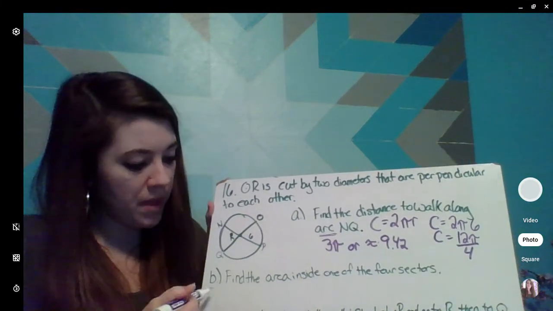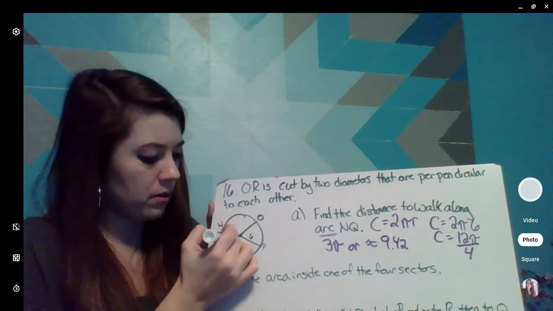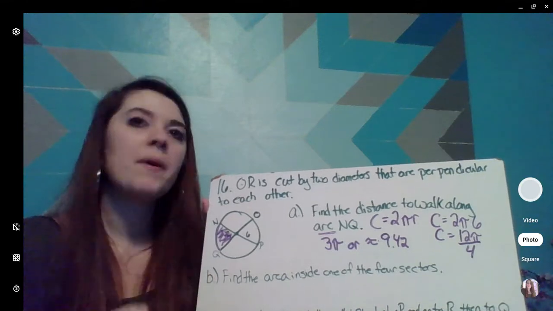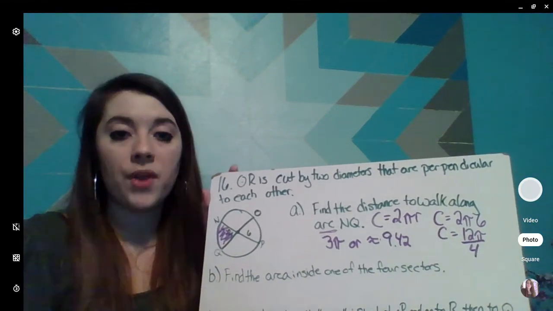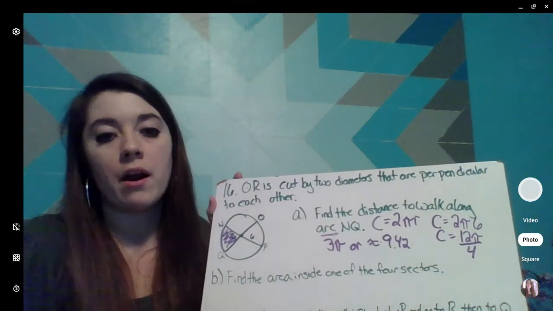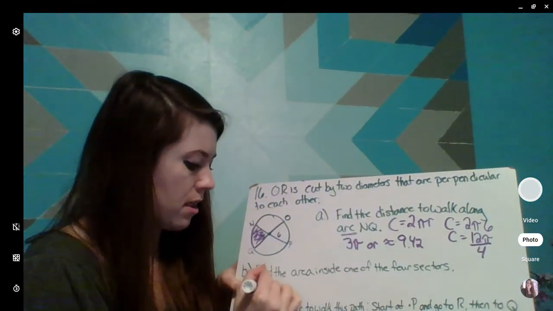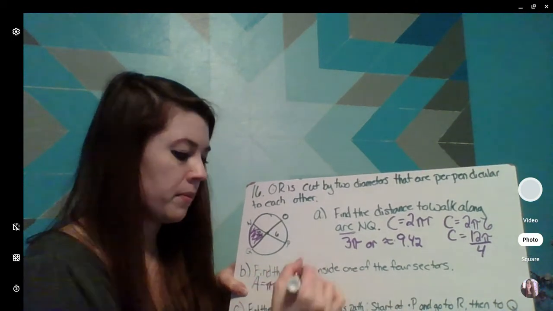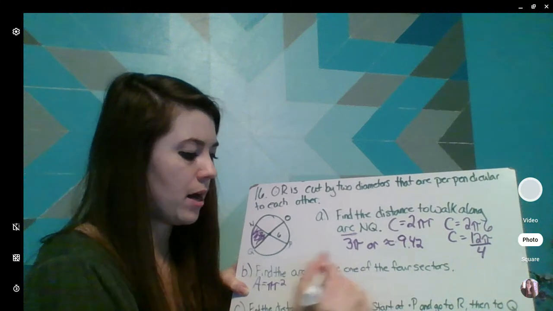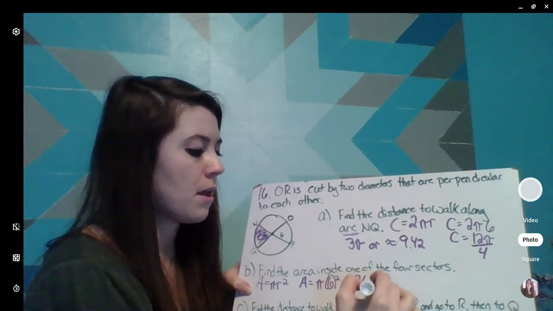Now, for B, we want to find the area inside one of the sectors. So if we think about this sector right here, we want to find how much area that takes up in comparison to the whole circle. So we're dealing with area. We're going to first find the area of the whole circle, then we can solve for the area of just that portion. So remember, our area formula is area equals pi r squared. So in this case, area equals pi 6 squared. 6 squared is 36, so our area equals 36 pi.